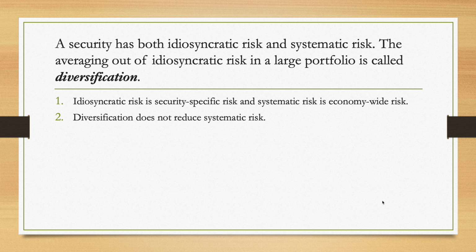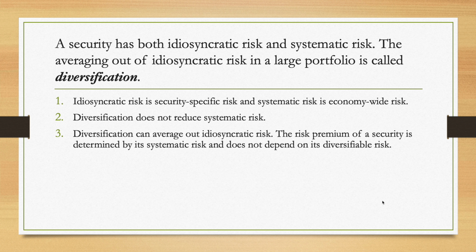Diversification does not reduce systematic risk, so even holding a large portfolio, an investor will be exposed to risks that affect the entire economy. That is, the risk of recessions and booms, which therefore affect all securities. Diversification can average out idiosyncratic risk.